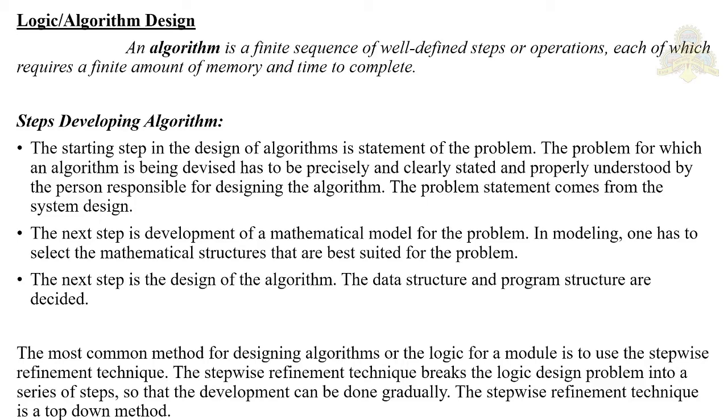In modeling, one has to select the mathematical structures that are best suited for the problem. It can help to look at other similar problems that have been solved. In most cases, the models are constructed by taking models of similar problems and modifying the model to suit our current problem. The next step is designing of the algorithm. In this step, the data structure and the program structures are decided. Once the algorithm is designed, its correctness should be verified.